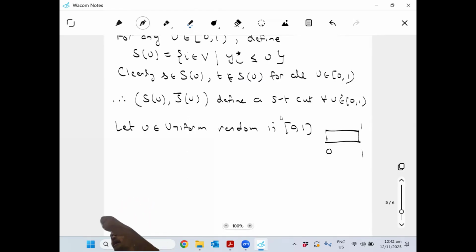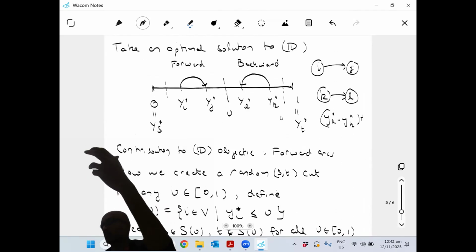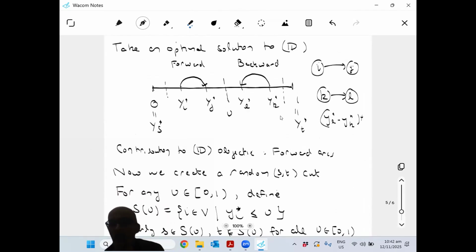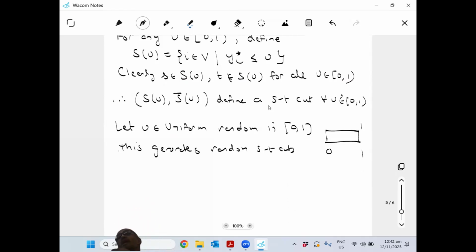Essentially, it means every value between 0 and 1 is chosen with equal probability. It's a continuous variable. So if I generate u randomly, I'm generating random cuts. So this generates random ST cuts.